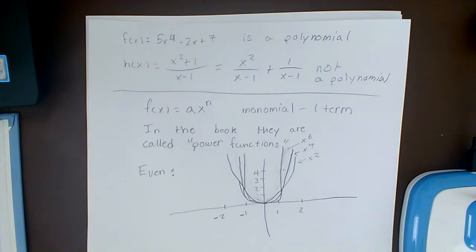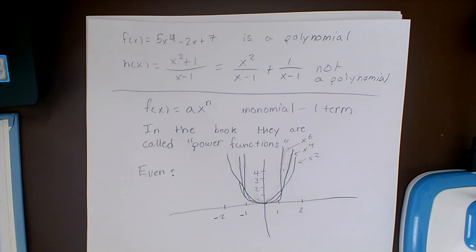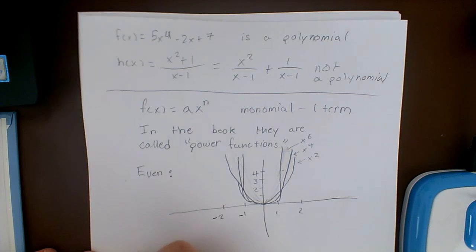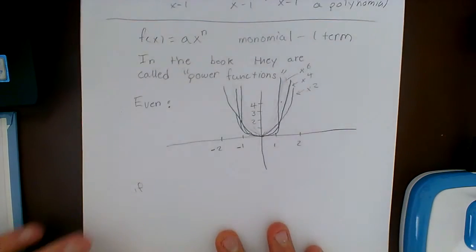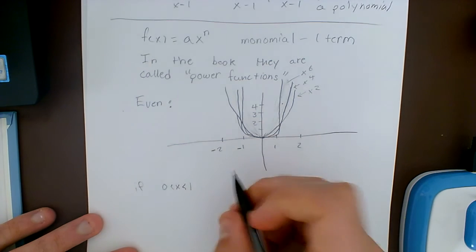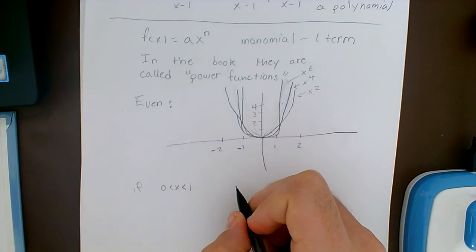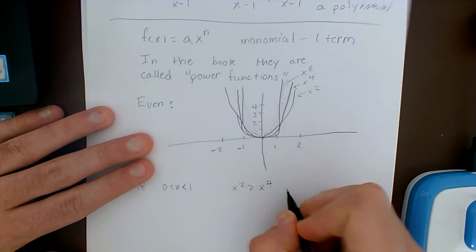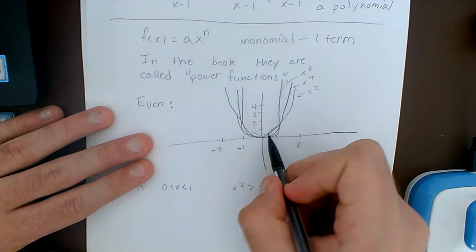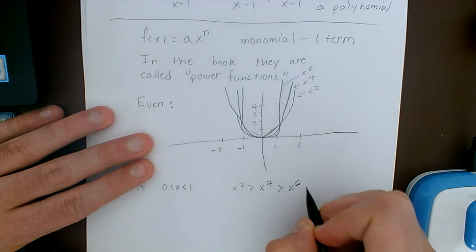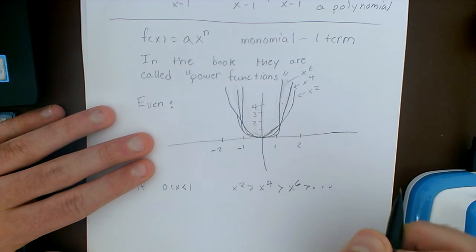So the point to make here is that when you're in between 0 and 1, x squared is bigger than x to the fourth, which is bigger than x to the sixth, and that goes on.